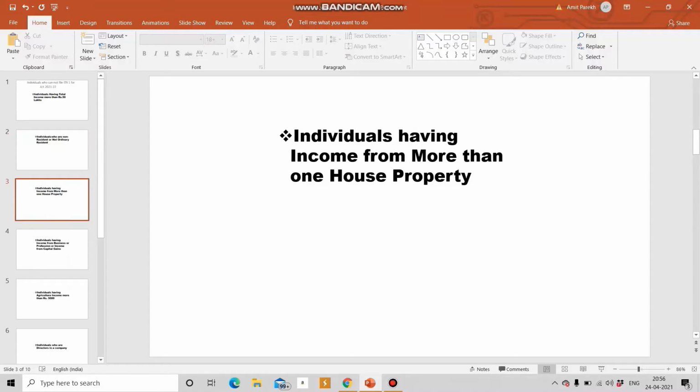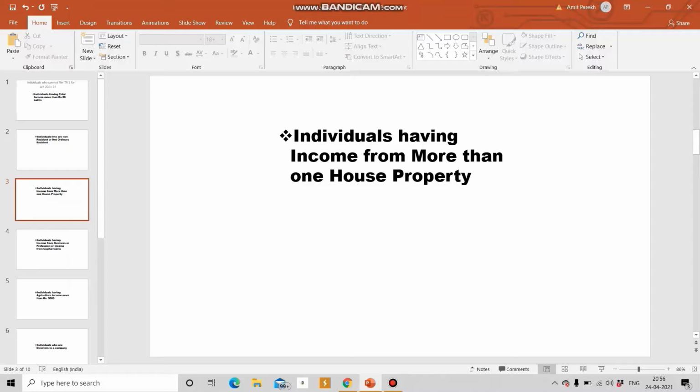Next, individuals having income from more than one house property. If an individual has two houses and income from both, he has to compulsorily file ITR2. He cannot file ITR1. But in this case, there is one exception. If a person has two house properties but income from only one house property, then he can still go for ITR1, because what is important is how many properties we are showing income from.